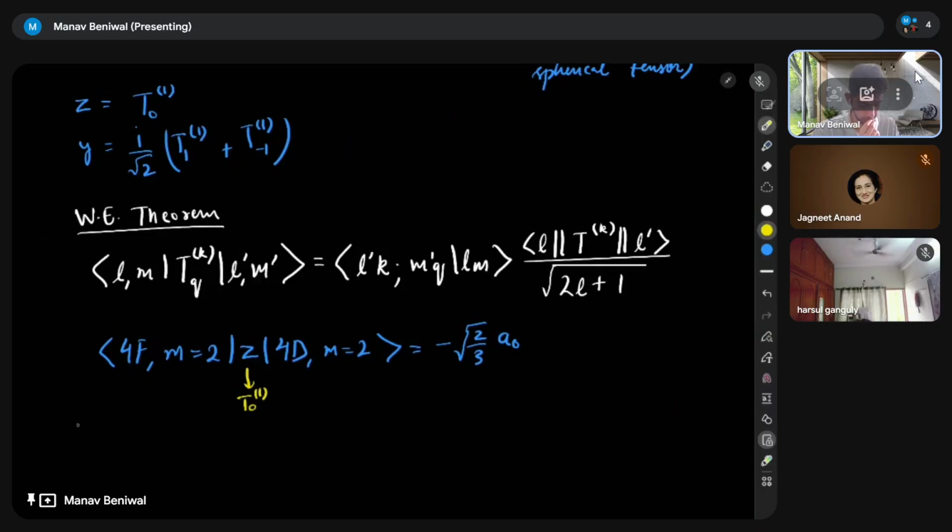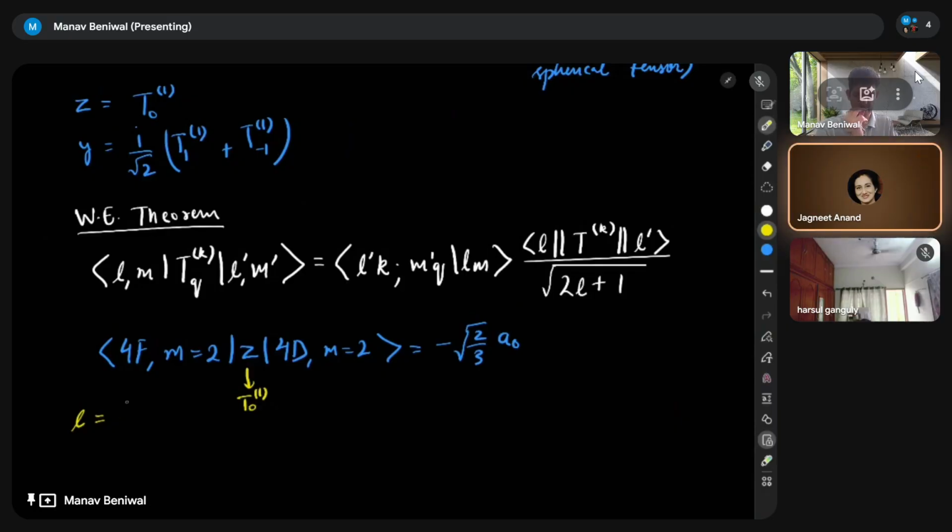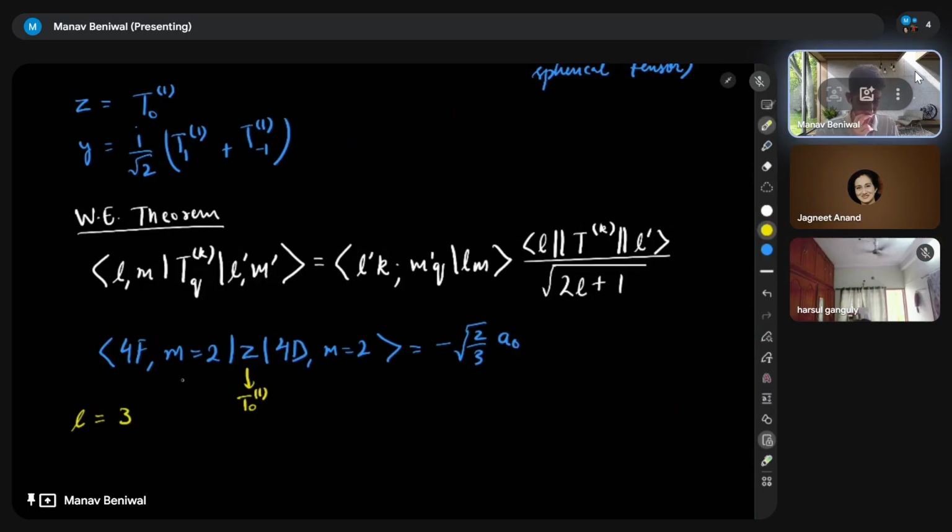So our angular momentum L will be how much for an f orbital? 3. And for d, 2. So here L is 2.